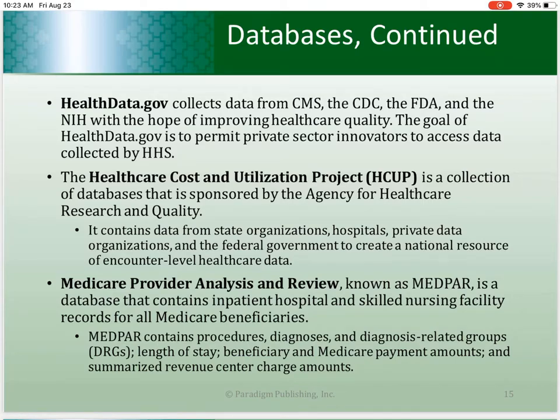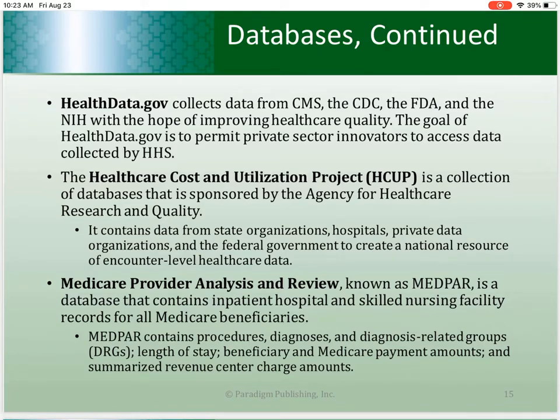The goal of healthdata.gov is to permit private sector innovators to access data collected by the Department of Health and Human Services. All right, and then down at the bottom of 277, we have HCUP. This is a collection of databases that is sponsored by the AHRQ.